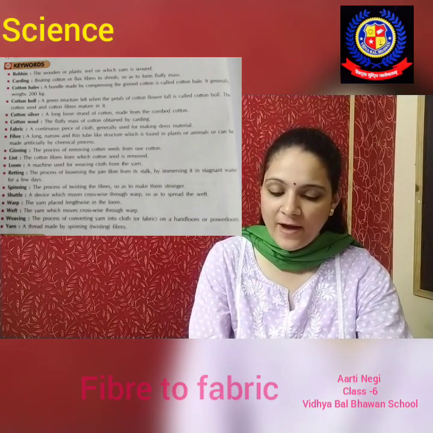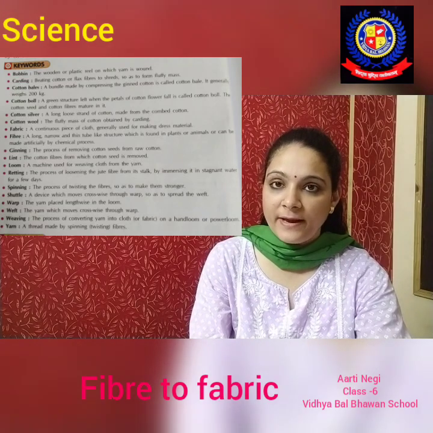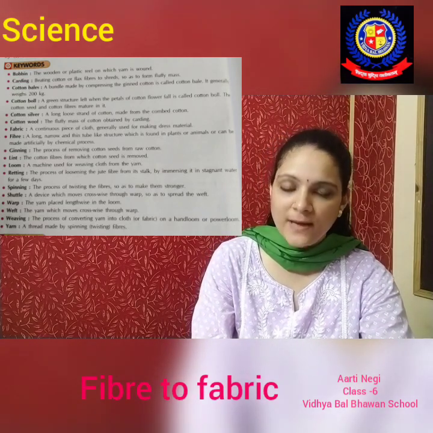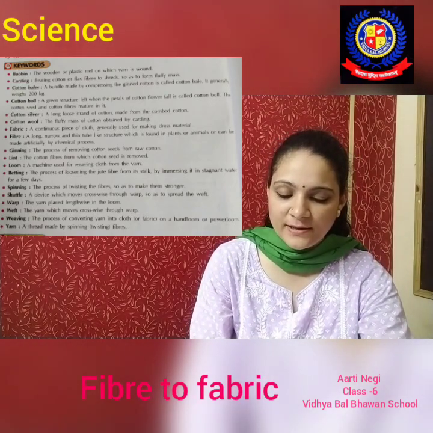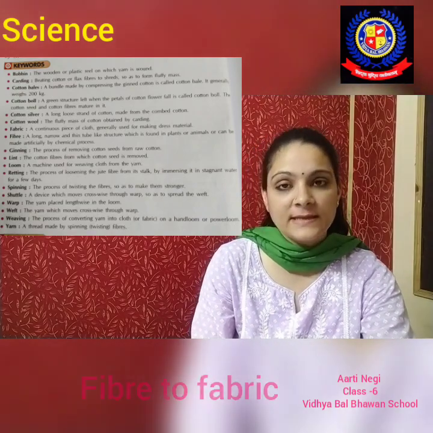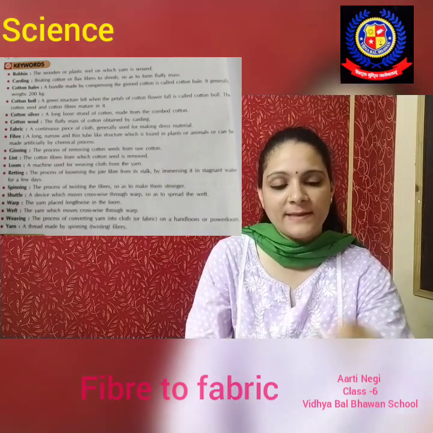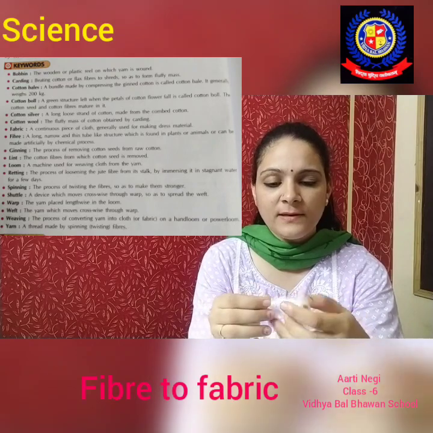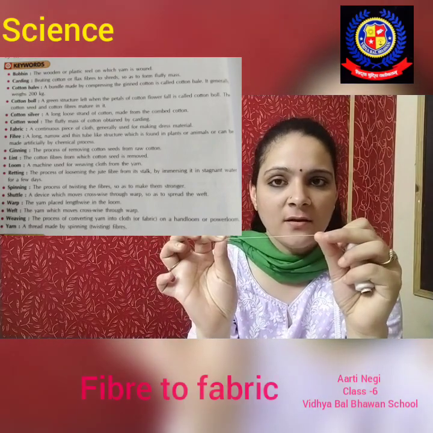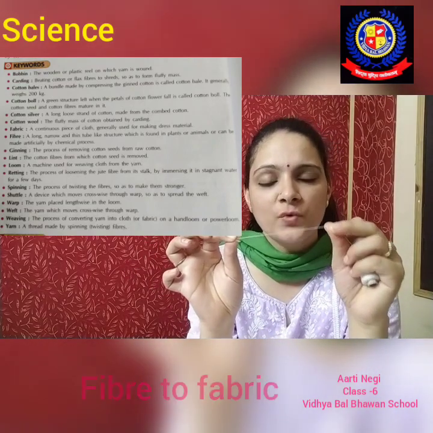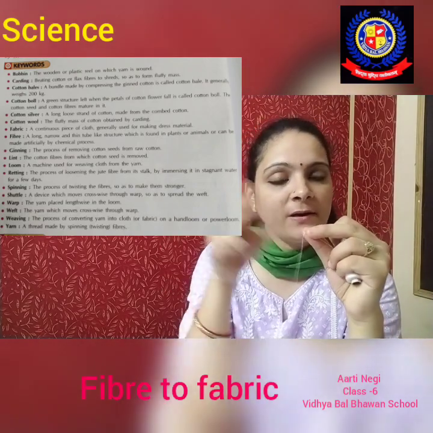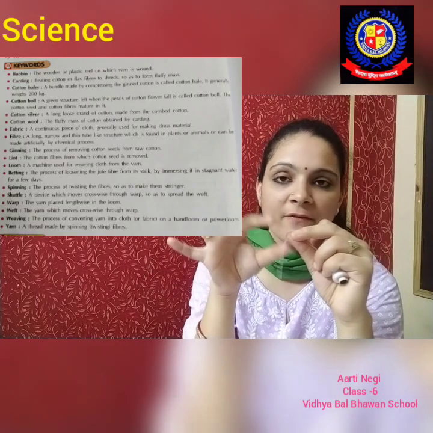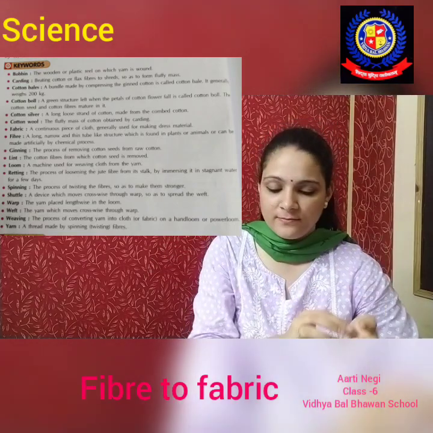Next one is fiber, a long, narrow and thin tube-like structure found in plants or animals, or made artificially by a chemical process. These are called fibers. As I told you, this is a yarn, but this yarn is made by twisting many small fibers. From fiber, yarn is made, and from yarn, fabric is made.